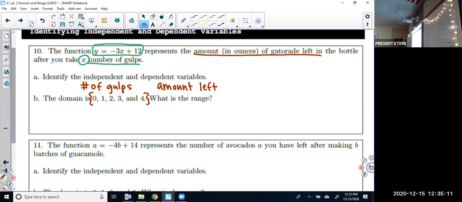So it says the domain is 0, 1, 2, 3, and 4. These are the possible numbers of gulps you've taken. It says, what is the range? The range is going to be the outputs. When we have taken 0 gulps, how much is left? 12 ounces is left, right?